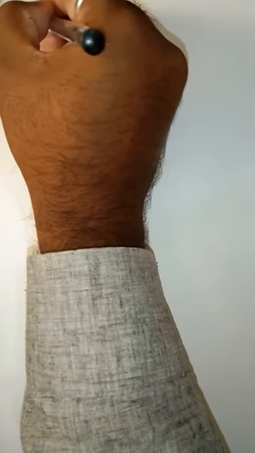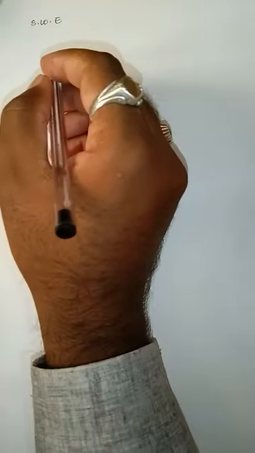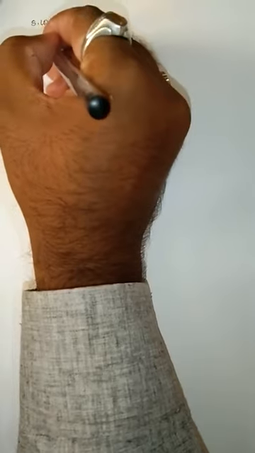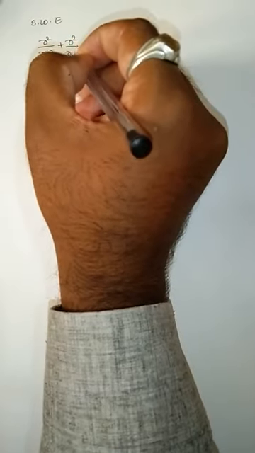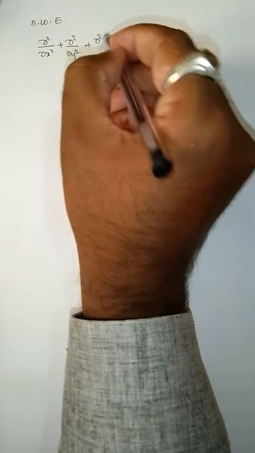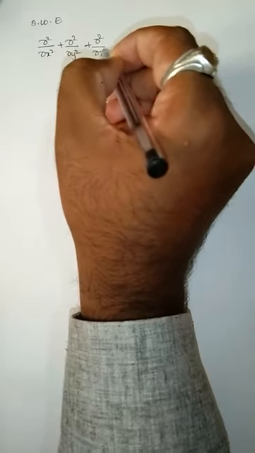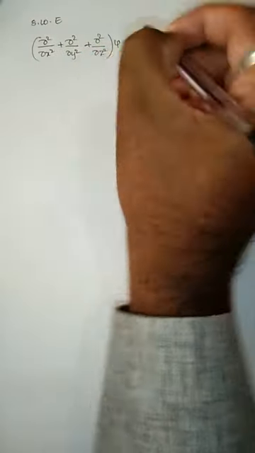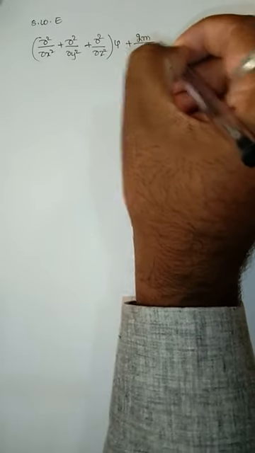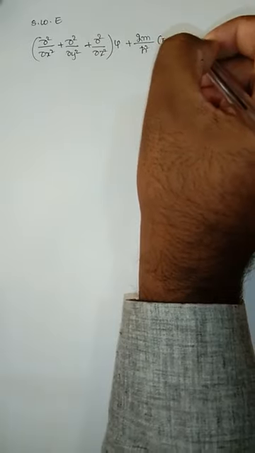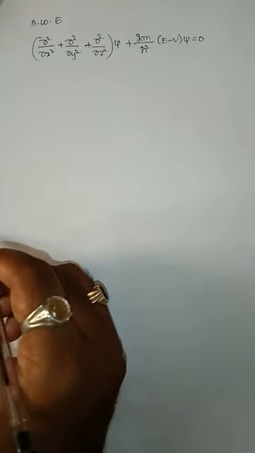Again, we shall consider the same Schrödinger wave equation that we derived in the last video. According to it, ∂²ψ/∂x² + ∂²ψ/∂y² + ∂²ψ/∂z² + (2m/ħ²)(E − V)ψ = 0.